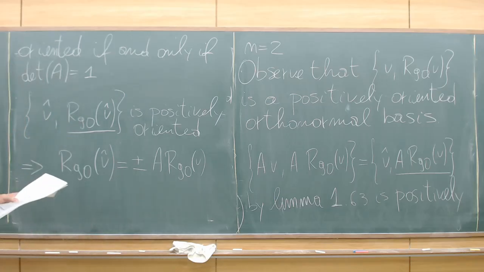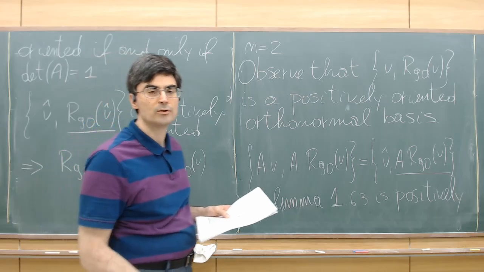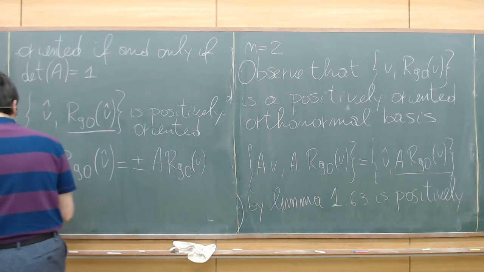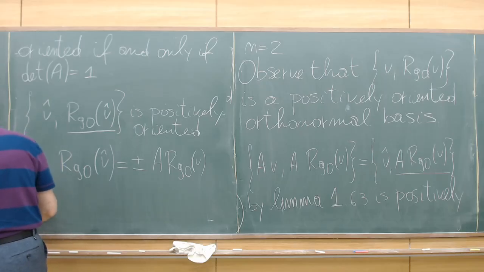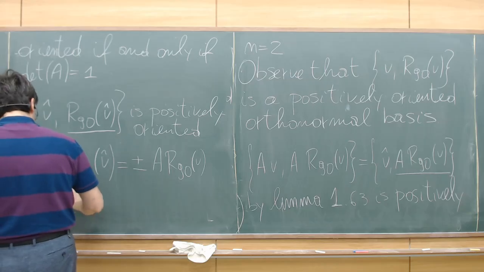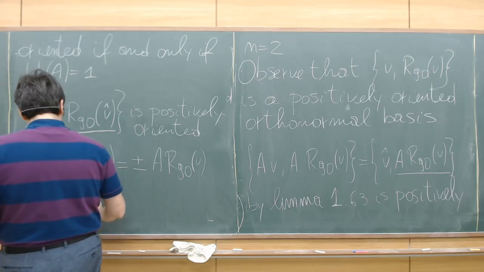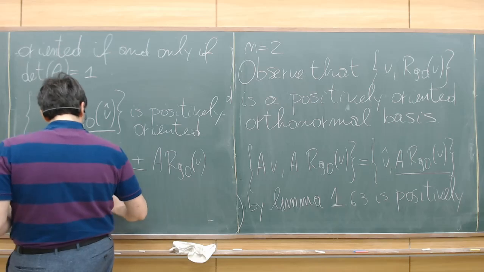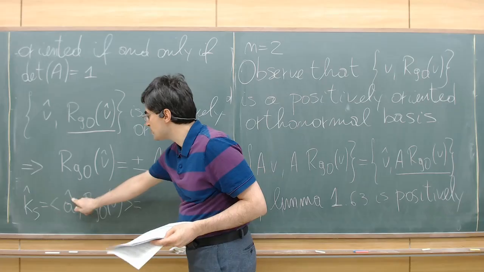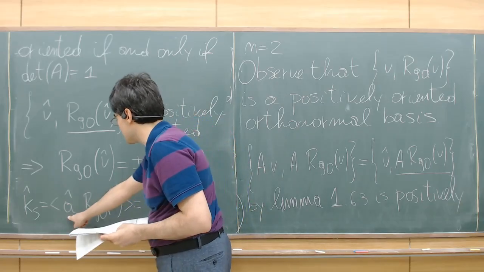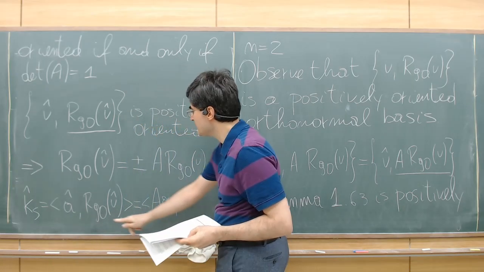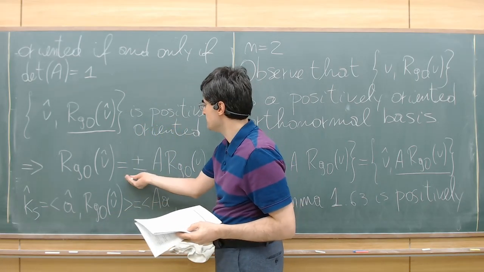Okay, now we are ready to compare the sign curvature functions of gamma hat and gamma. What is K hat of S? This is the inner product of A hat, R90 V hat, but A hat is AV. Sorry, it is A, capital A, and R90 V hat is here.